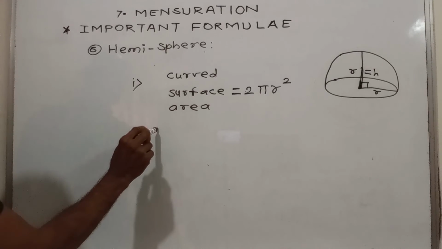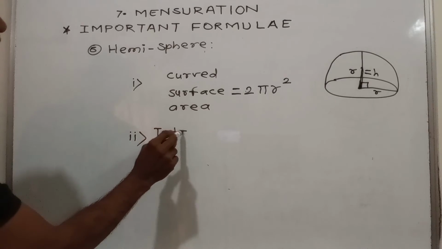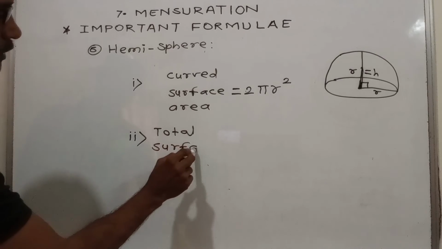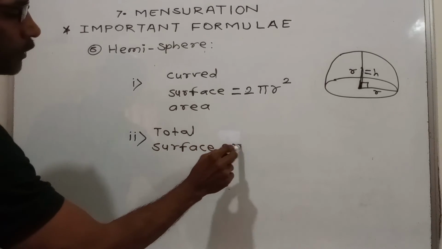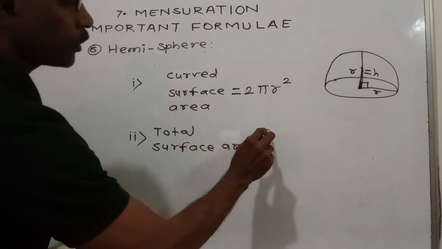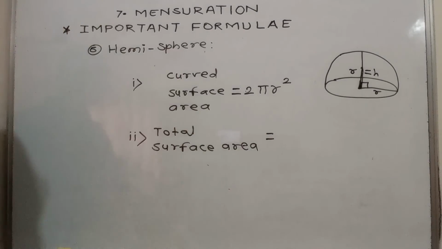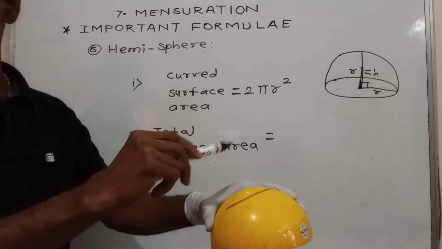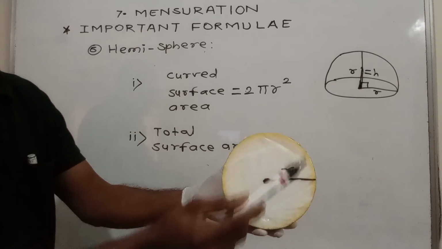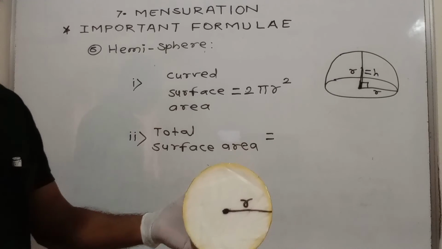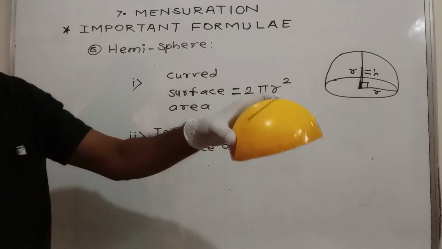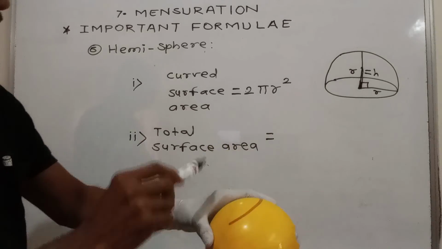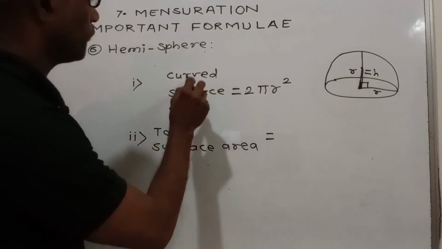Now, second, total surface area. Total surface area of hemisphere is equal to curved surface area plus area of this circle or base. When we keep it this way, then base. Area of this circle plus curved surface area.